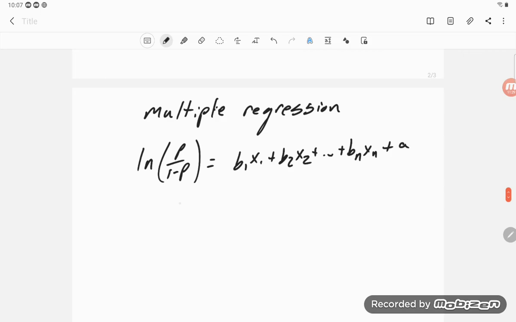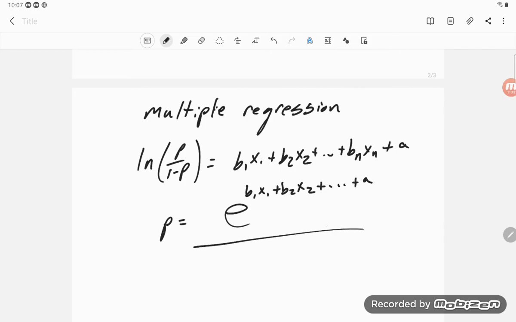And then P would equal e to the b1x1 plus b2x2, all the way out to plus a, over 1 plus e to the b1x1 plus b2x2 and so forth plus a.